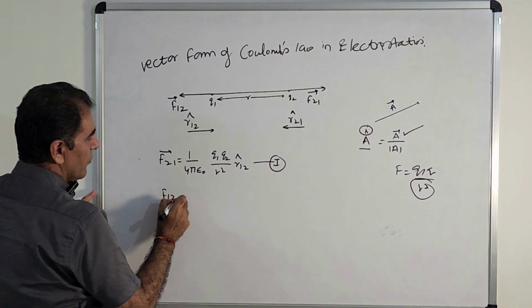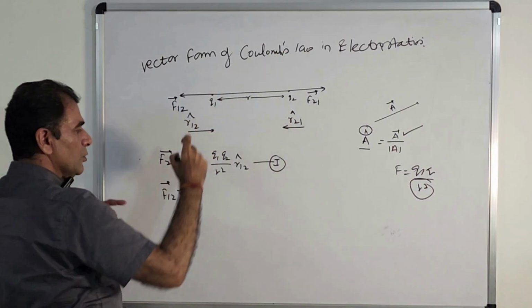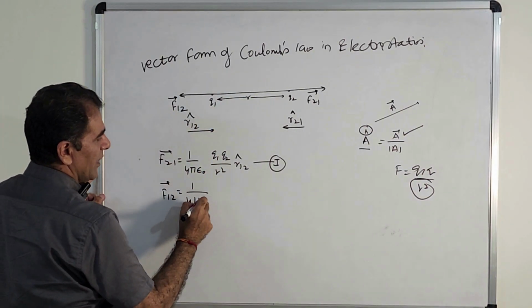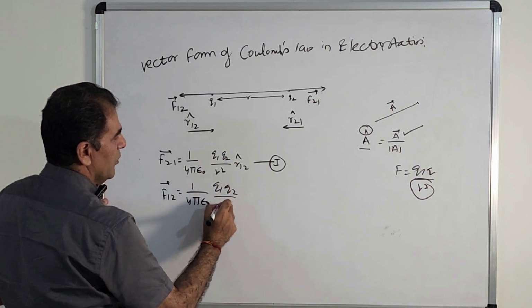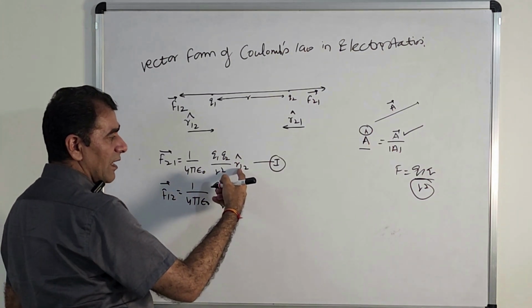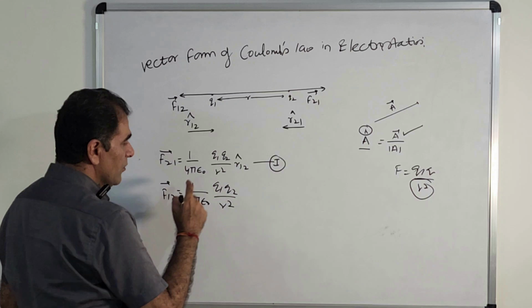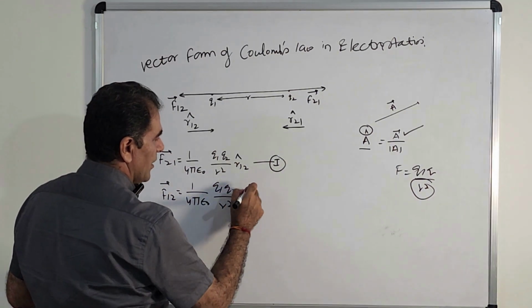Similarly, we can write F12. What is F12? Force on 1 due to 2. It will be equal to 1 by 4 pi epsilon 0 according to Coulomb's law, Q1 Q2 upon R square. Now here we have taken R12. Here we will take R21, and why? Let me explain this thing.